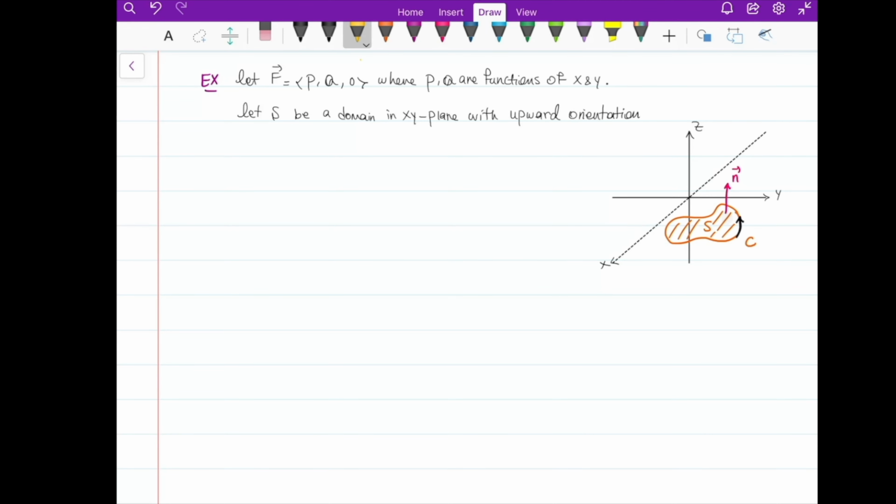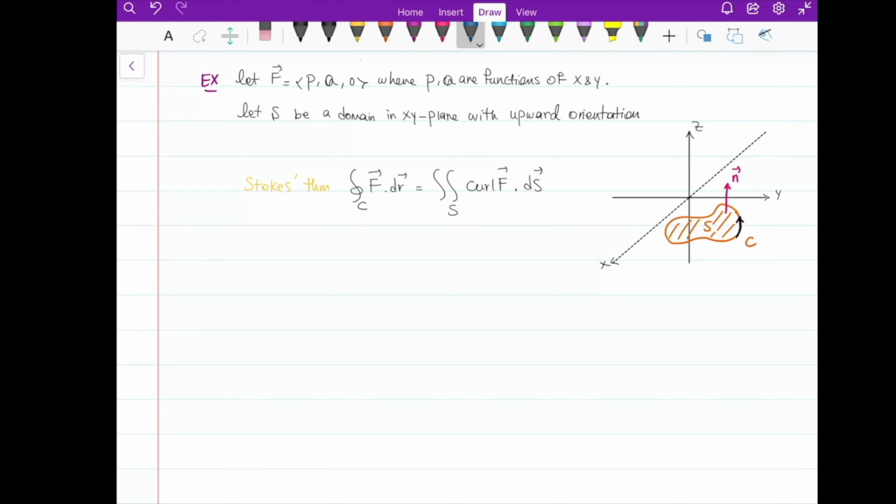Okay, so I'm going to confirm Stokes theorem here. Stokes theorem says that the integral of F dot dr over the curve C is the double integral of curl of F dS over the surface S.